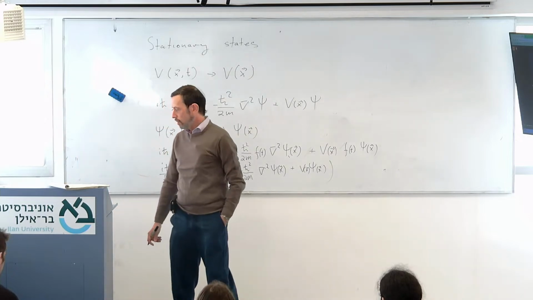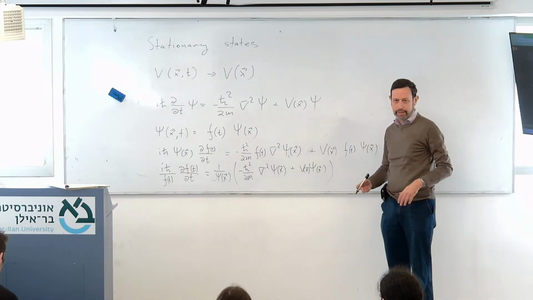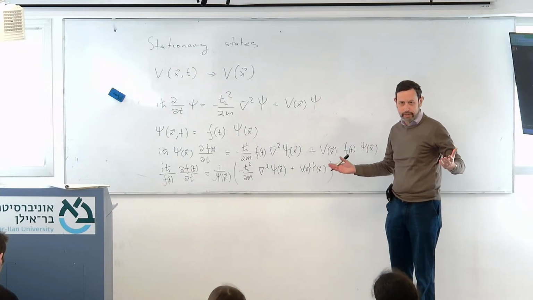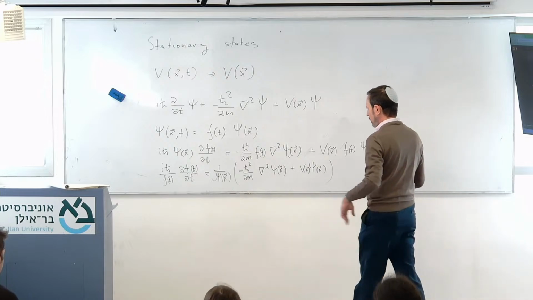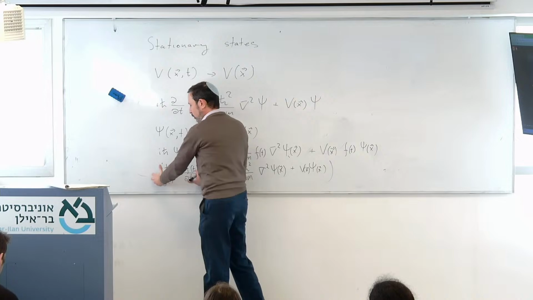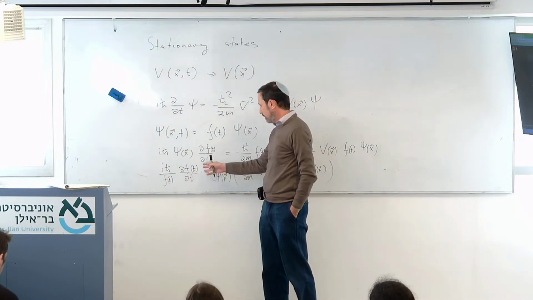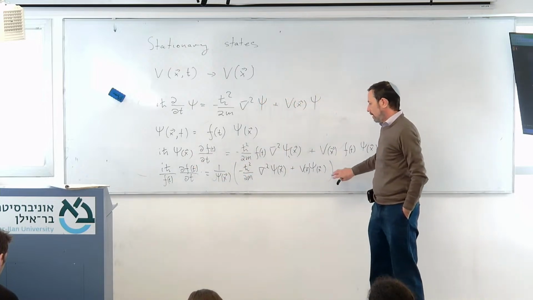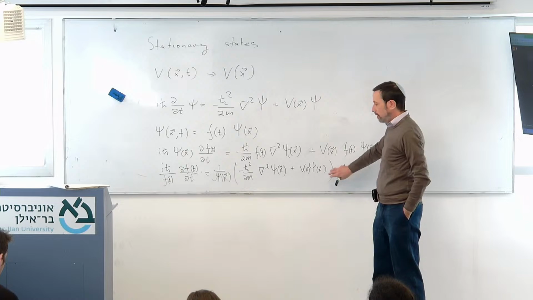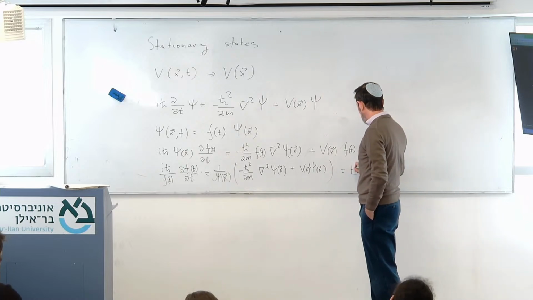Okay, so you should be familiar from any course that you took on differential equations that in this situation, where I have a function that depends on the time here and on x here, we can assume that it's equal to a constant.